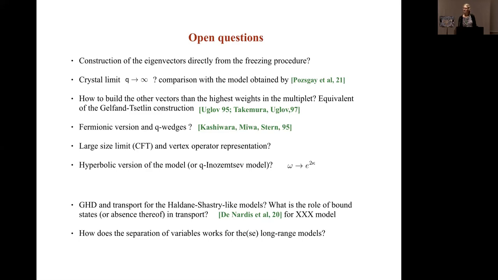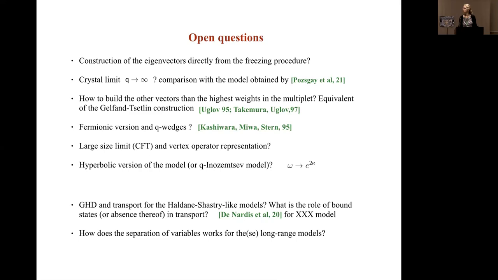Another thing would be to find some kind of quantum spectral curve for these models. We're trying to make small steps, like understanding the relation between the Q polynomials and Q functions, and the structure of the wave functions in the long-range model.